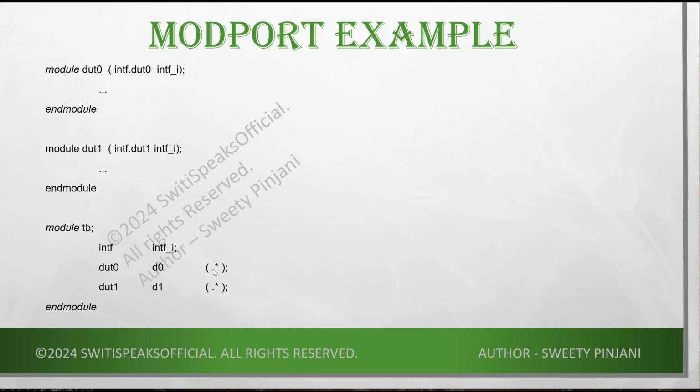You don't need to connect them one by one. Dot star means it will match the names and connect by itself. You don't need to do it manually. This is one way in which you can connect all the ports of your module to the interface Modports.